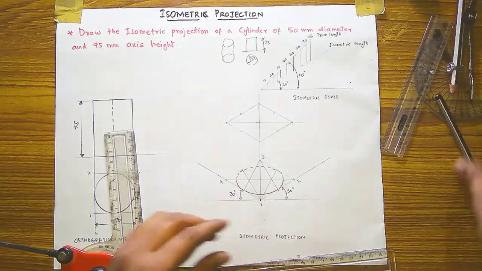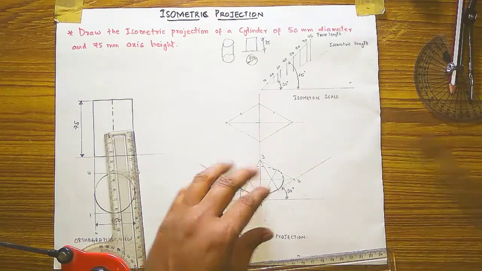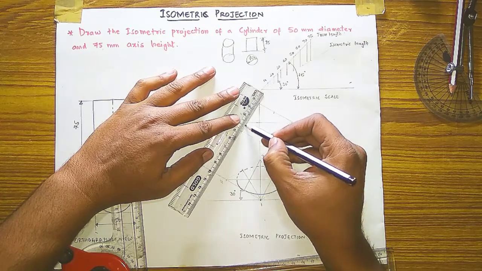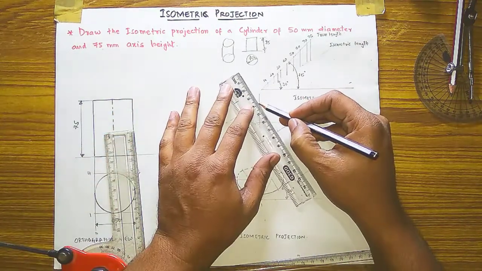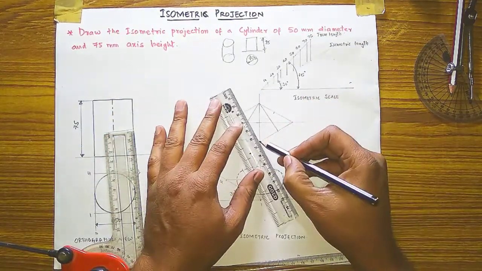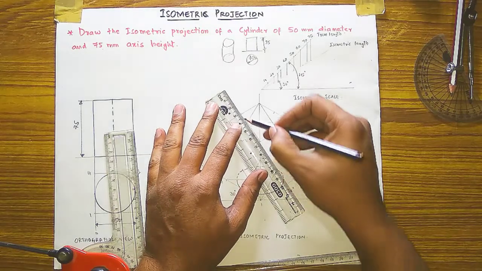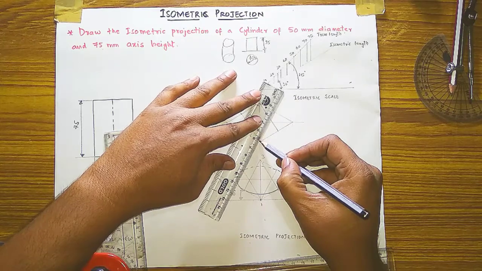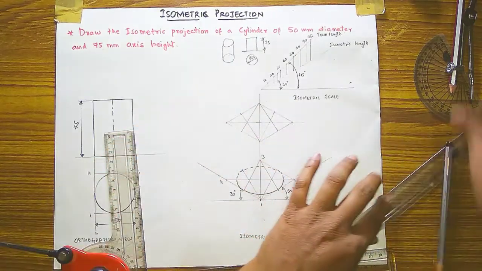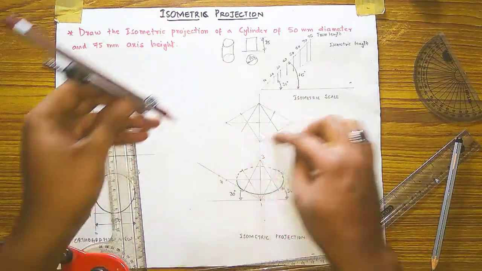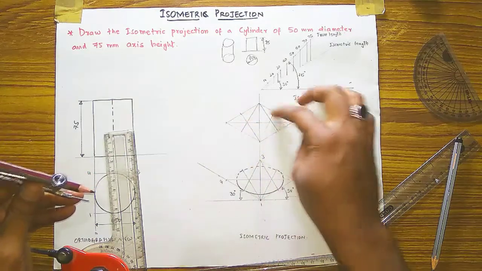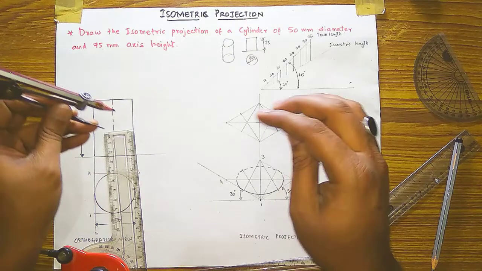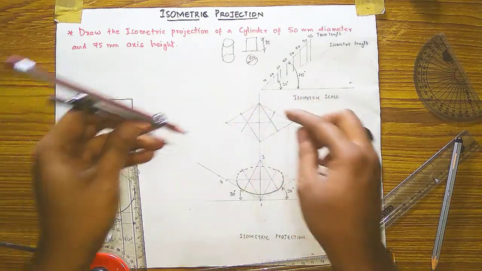Then after that you have to draw the lines from these bottom arcs like this, and from here to the top arcs like this. Now with the divider, this top face of the cylinder is visible, so you have to do it all dark.